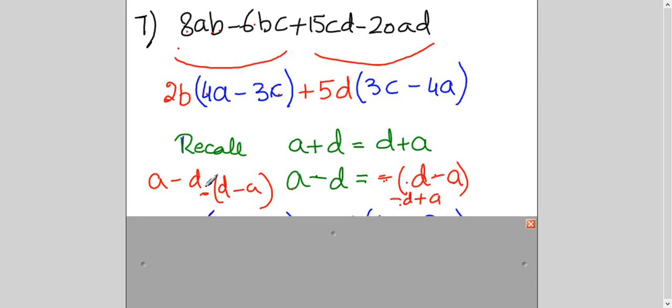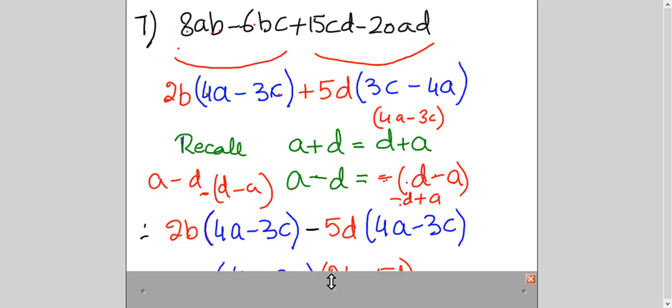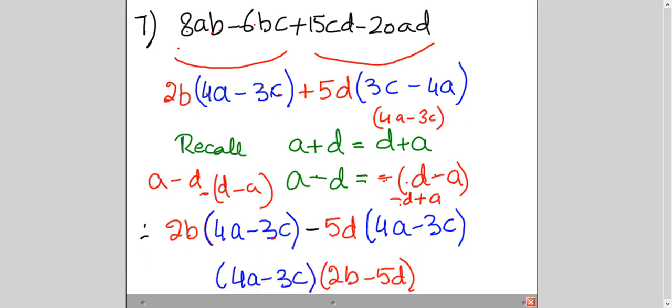So in this case, if I switch the places and I write 4a minus 3c, then I have to put the minus sign outside. Now this minus cannot come in between here. It will multiply by this minus basically. Okay. So that's why this sign will change. Because when you flip the places, minus coming out of the bracket, it will multiply by this and it will become minus sign. Now these two are exactly same. And you got your expression here.